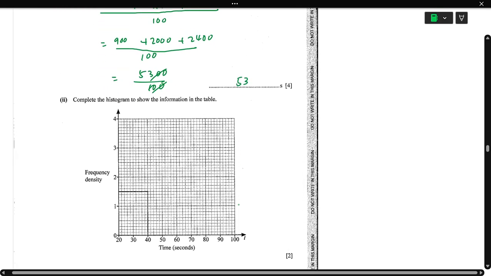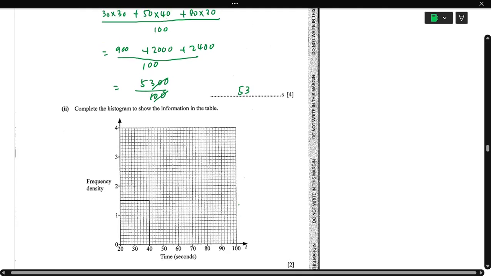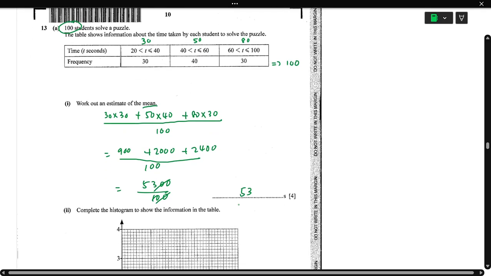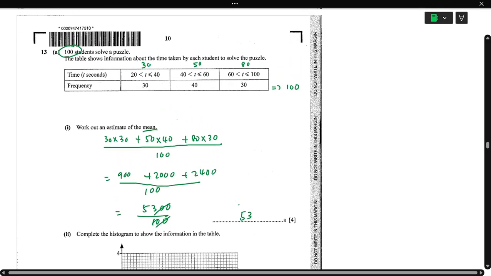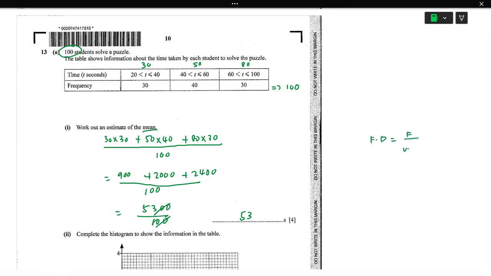Next, complete the histogram to show the information in the table. So for histograms, frequency density is required. So here we need the frequency density for these three values. The formula for frequency density is frequency over the width. So the first one, frequency is 30, over the width, 40 minus 20 is going to be 20, which is 30 by 20, the zeros got cancelled, which is 1.5.